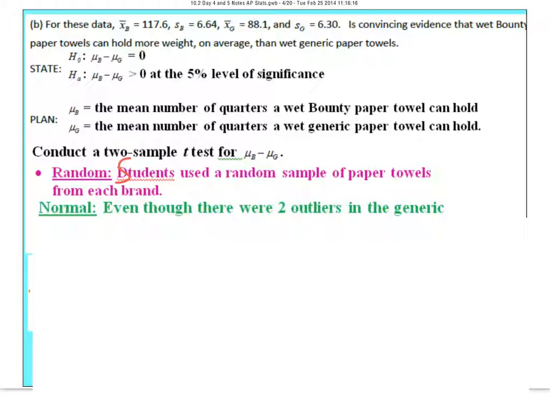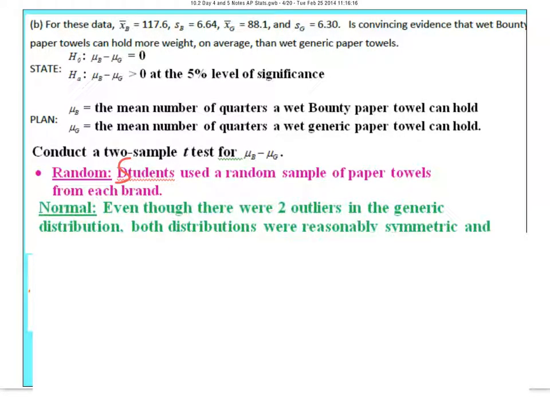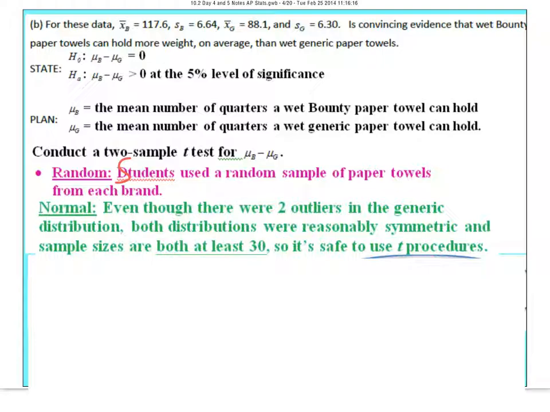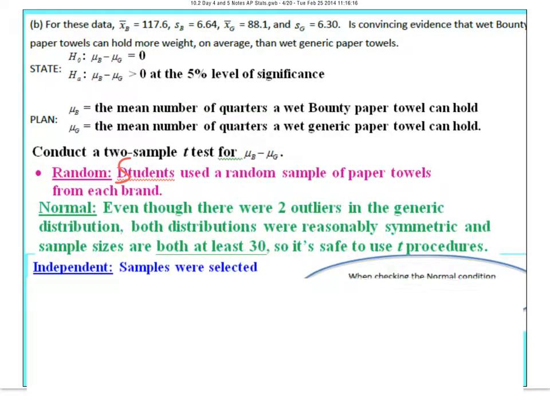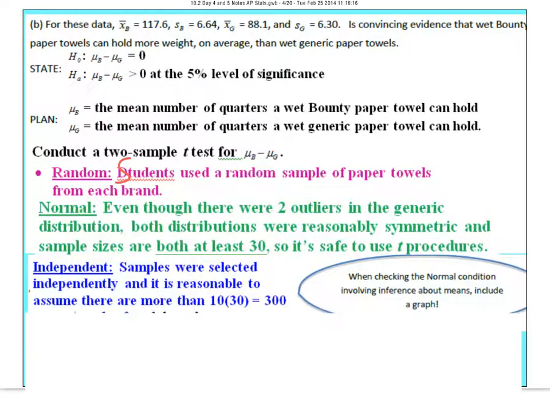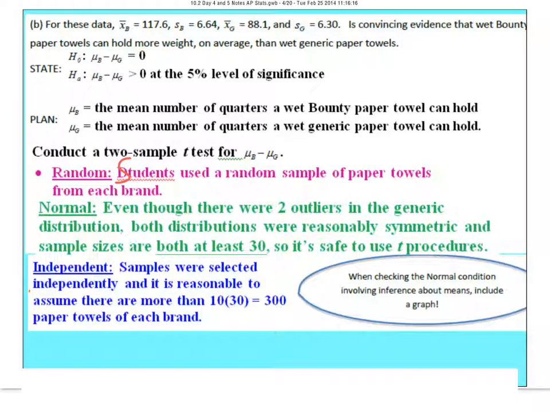Even though there were 2 outliers in the generic distribution, both are reasonably symmetric and the sample sizes are at least 30, so it's safe to use the t procedures. For independence, samples were selected independently, and it's reasonable to say that there were at least 300 paper towels of each brand in the population that we could have chosen from. So we are good with that.